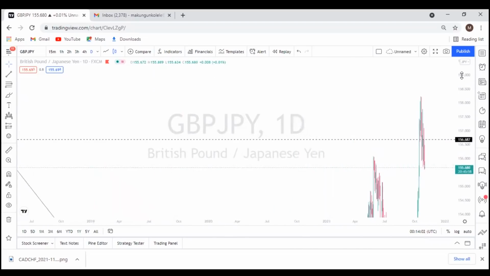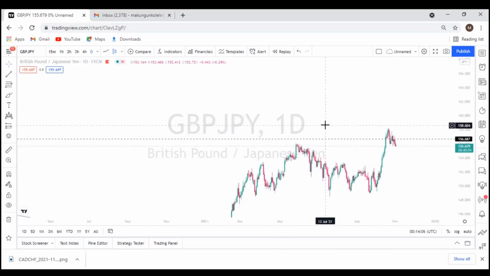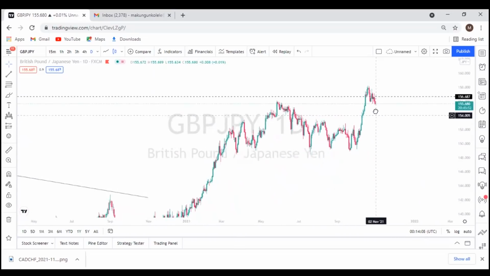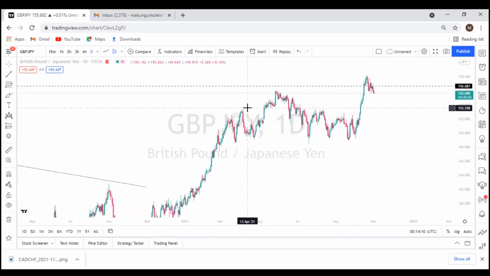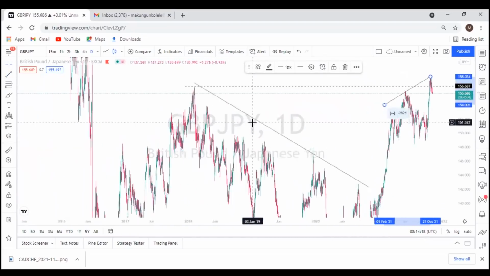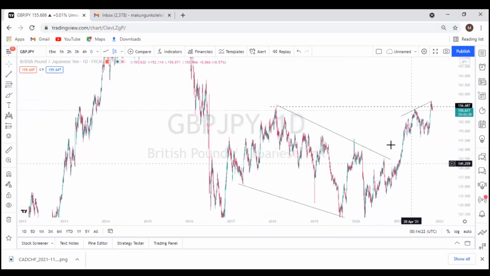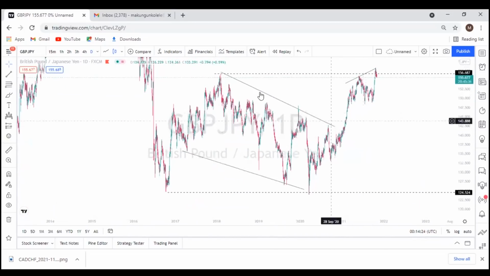So we are going short. I don't know for how long. I don't know how long we could be selling for, because I saw a similar setup like this, right? It basically formed a double top. So this the first top, second top, right?